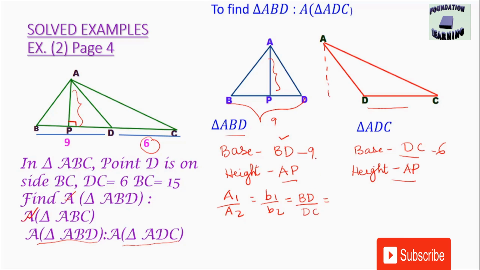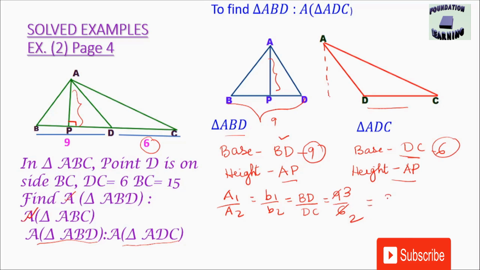The measurement of BD is 9 and the measurement of DC is 6. Now we'll cancel. 3 twos are 6 and 3 threes are 9.